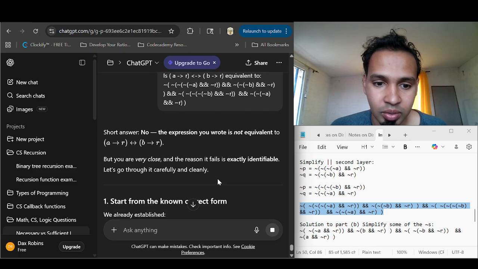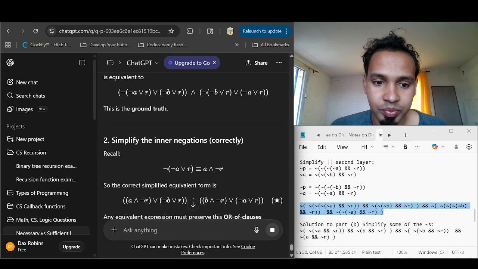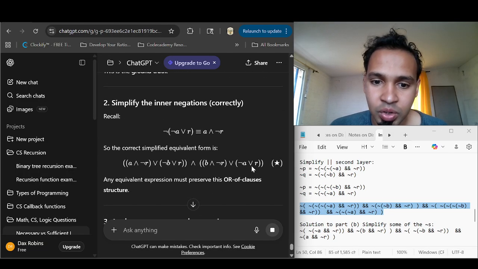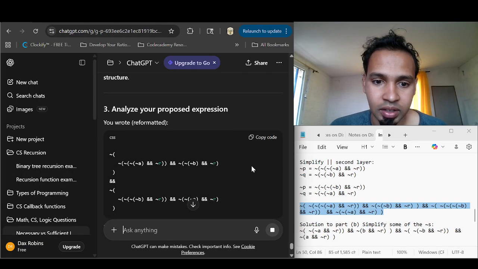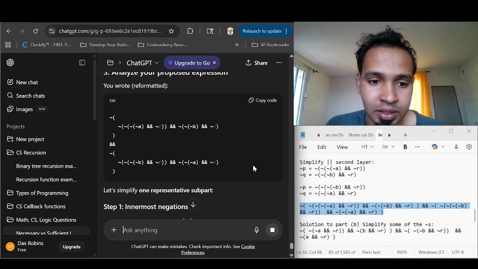Oh, you wrote is not equivalent. Dang it. Okay. We were close. I mean, I don't know what I did wrong there exactly. The whole process is just like cut and paste, really.